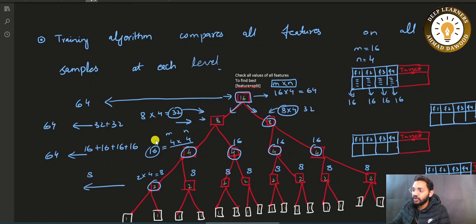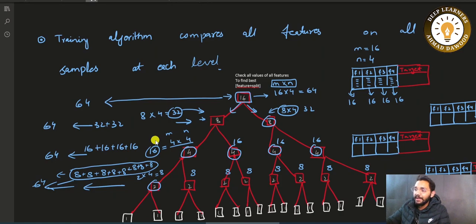At this position again 8 plus 8 plus 8 plus 8 plus 8 plus 8 plus 8 plus 8, total 64. Again, we have checked at that position 64 split values to find the best split.